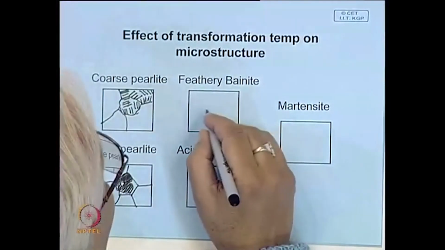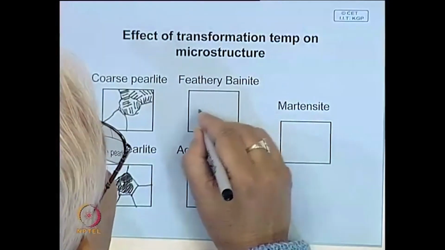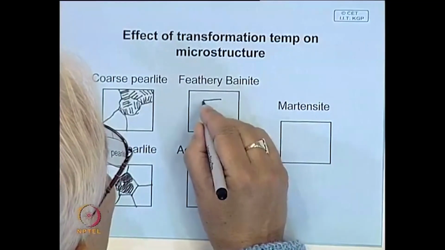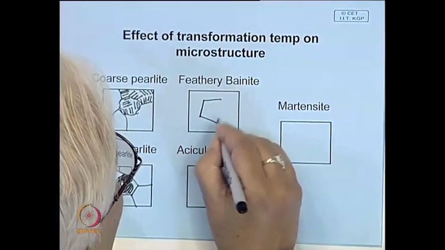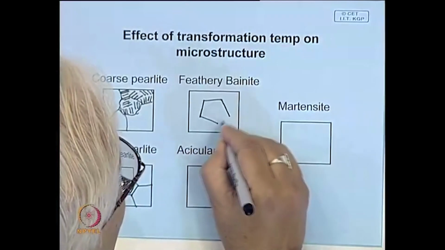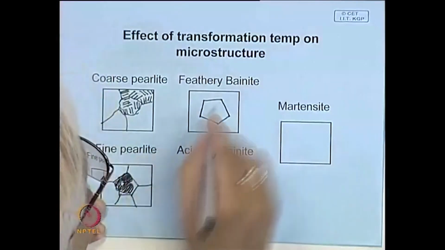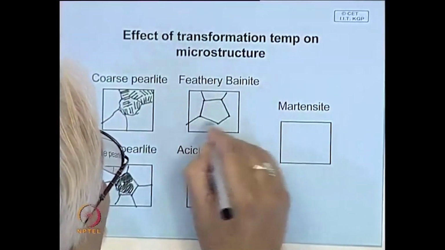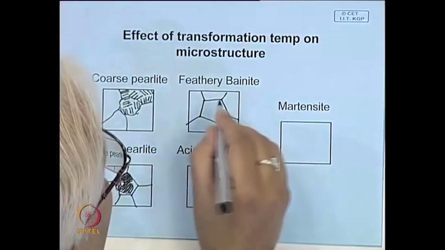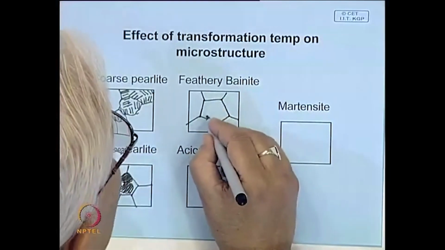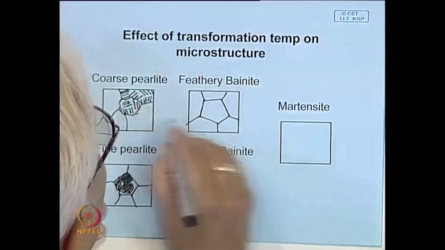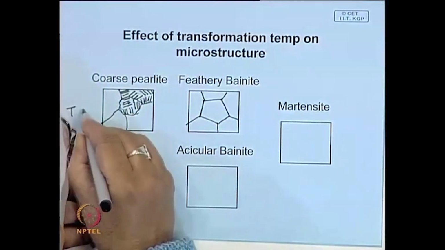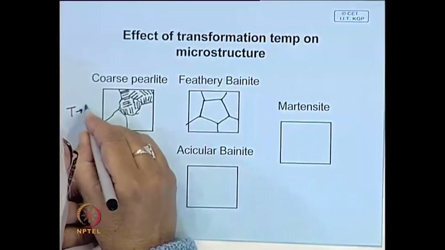Now, in case of bainite, suppose this is an austenite grain in the structure. When bainite starts forming, mind you, this takes place at a lower temperature, whereas pearlite forms at a high temperature.